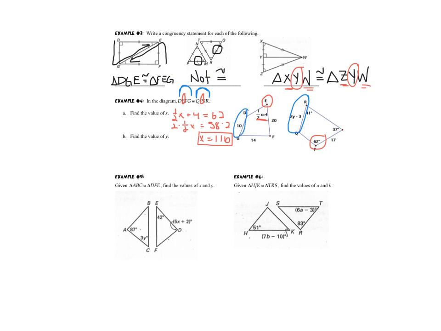All right, so I set up my equation, 2Y minus 3 is going to equal 10. They have to if these are congruent polygons. So 2Y, I'm going to add 3 to both sides. I get 13. Divide by 2, I get Y equals, you could either write it as 13 halves or 6.5.